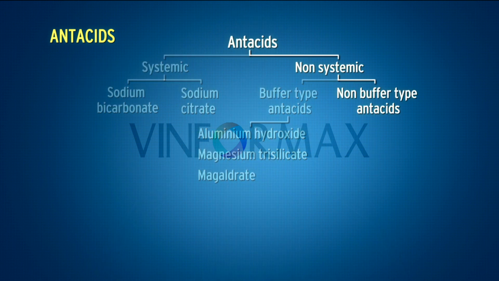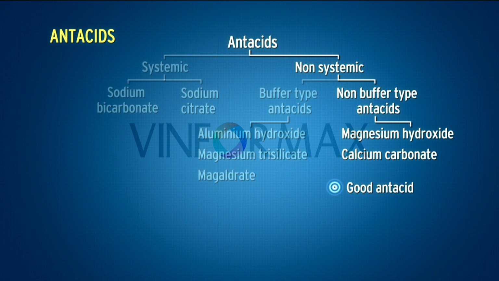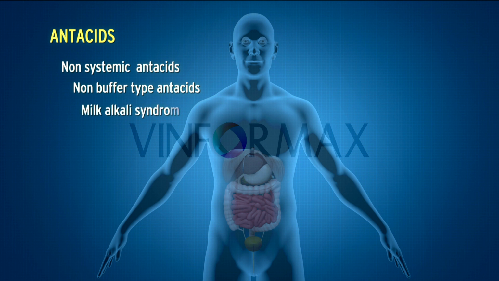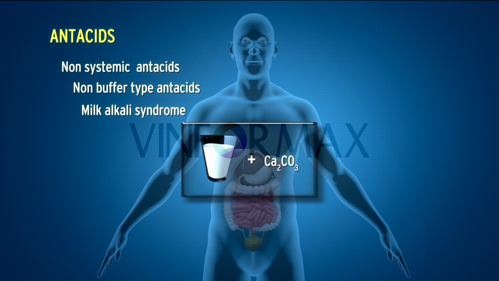Non-buffer type antacids. Magnesium hydroxide and calcium carbonate are good antacids with prompt and sustained neutralizing action. Milk alkali syndrome. In the past, a large quantity of milk was asked to be consumed along with calcium carbonate.